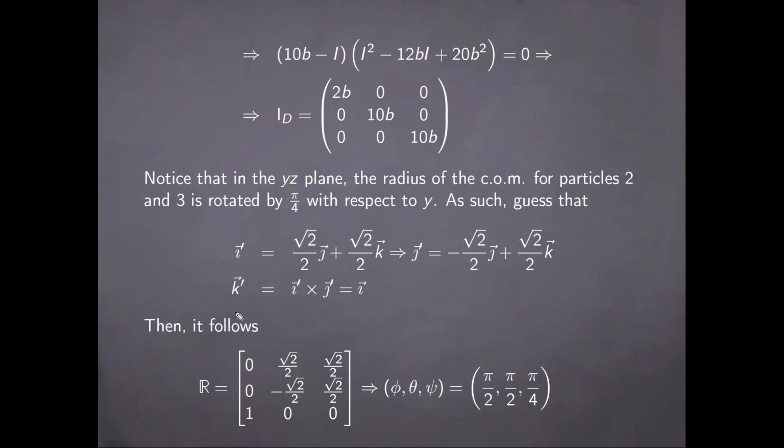From these values, it follows that the rotation matrix has this structure, and if we compare it to the general form given in terms of the Euler angles, it follows immediately that the values of the three angles are the ones given here.